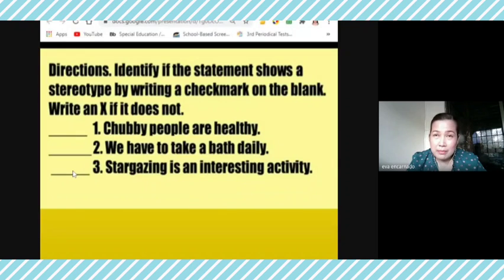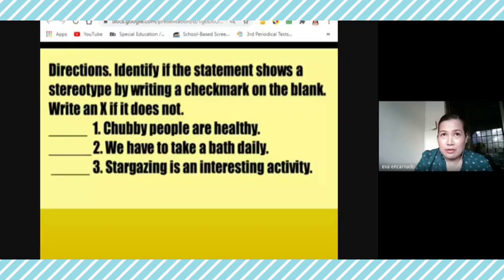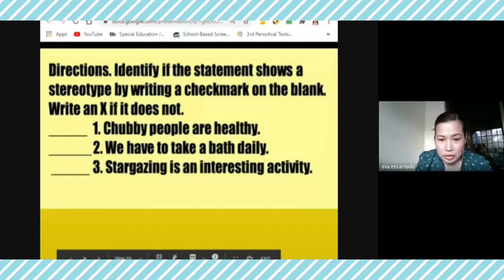Yung tinitingnan po yung star. Meron kang binoculars, may telescope ka, and you are enjoying observing those objects. Tinitignan lang po nila yung sky. Hindi ganon. Kailangan may binoculars ka or telescope. Di ba? Okay, next. So that's X, that is not a stereotype.